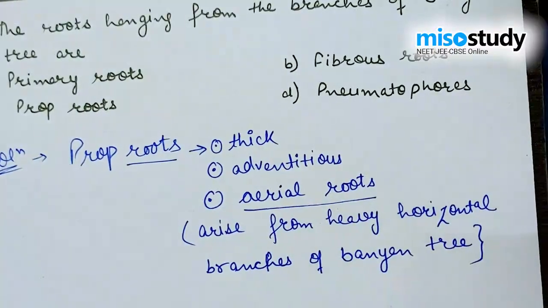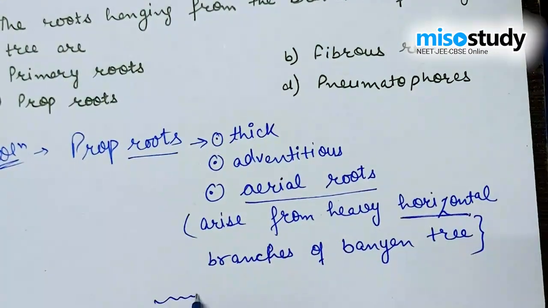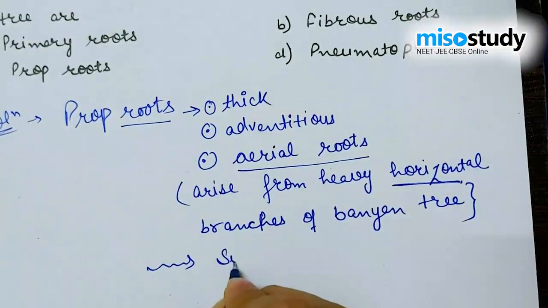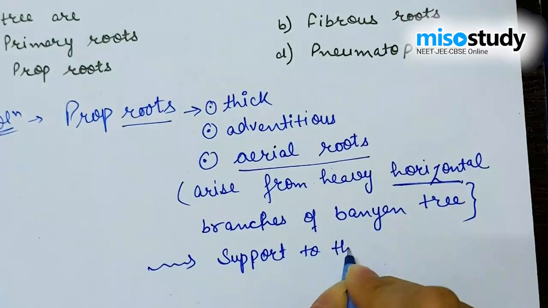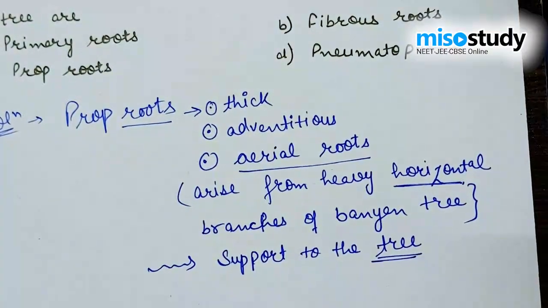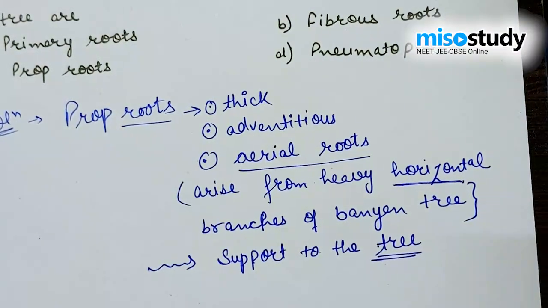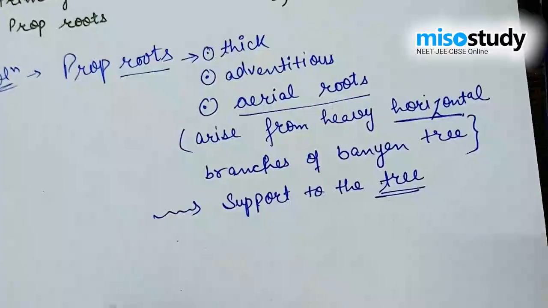Now, why do these aerial roots arise in a horizontal manner? Because of providing support to the plant or to the tree. Support to the tree. These also come under the ficus plants as well.